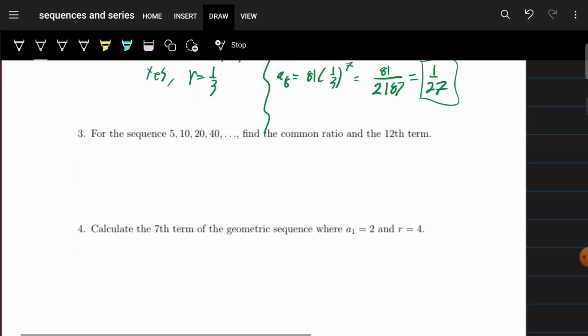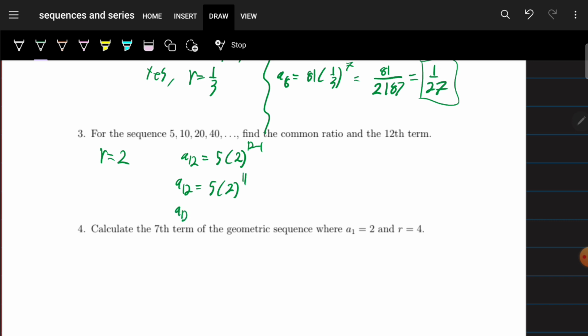Okay, so let's have a look at the next one. It says for this sequence, find the common ratio and the 12th term. So the common ratio, by now we're experts, it's being multiplied by 2 every time. And the 12th term, so a12 is equal to the first term times the common ratio of 2 to the power of 12 minus 1. So a12 is 5 times 2 to the 11.